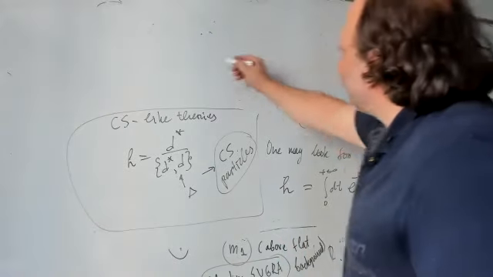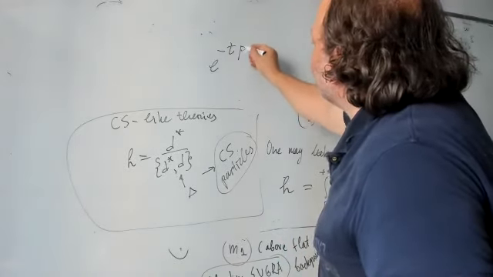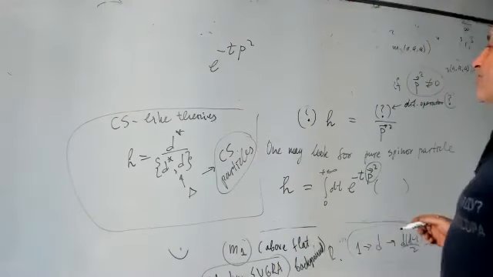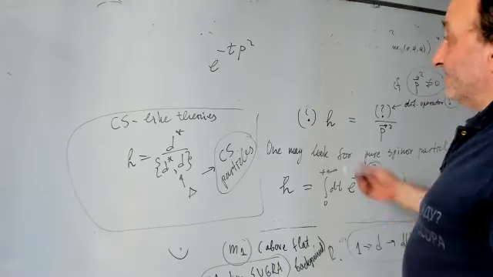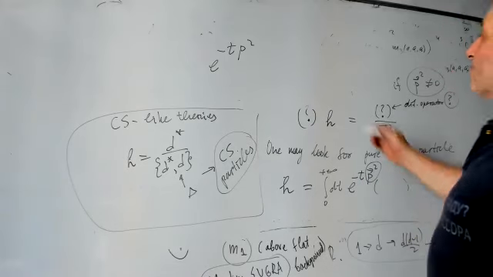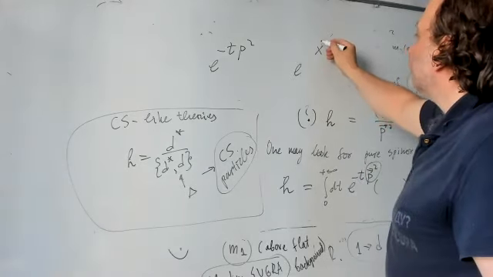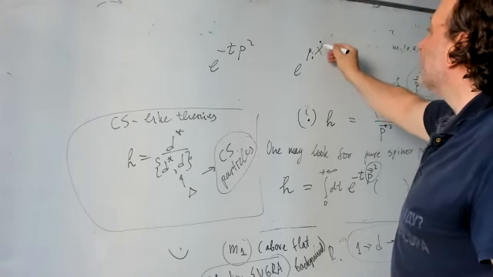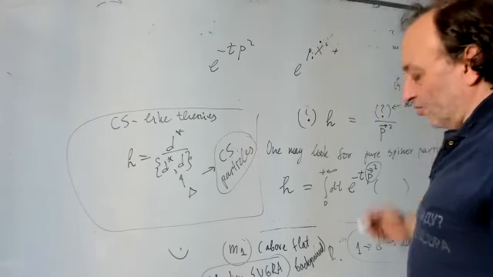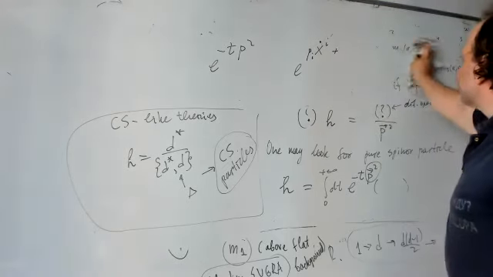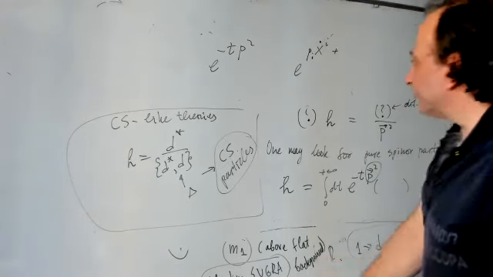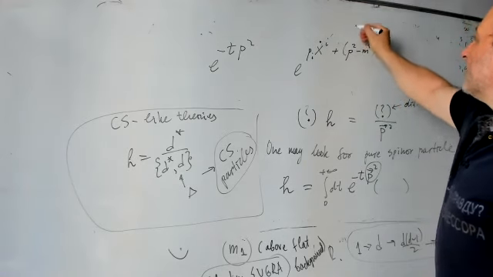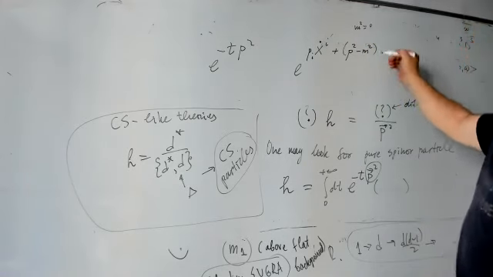Why am I writing such an expression? I'm writing it because this comes from the integral. So you may write it differently. I'll take m squared equal to 0, but the particle is this.